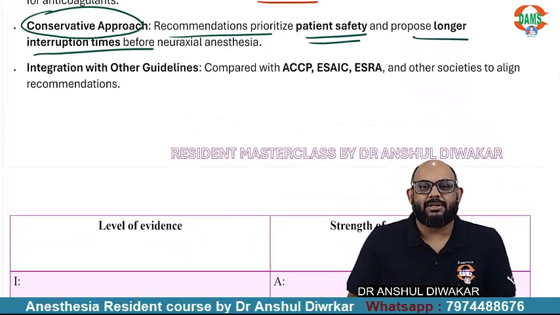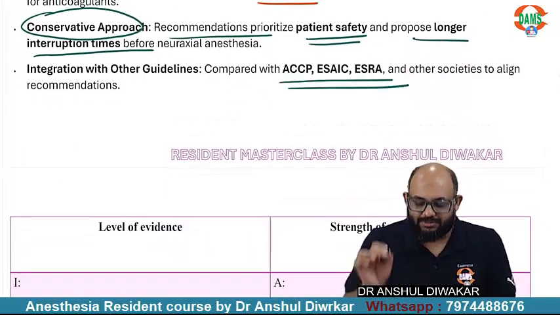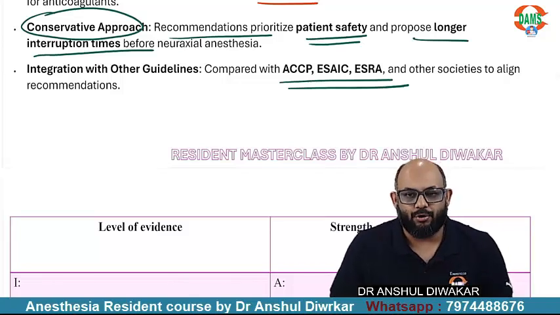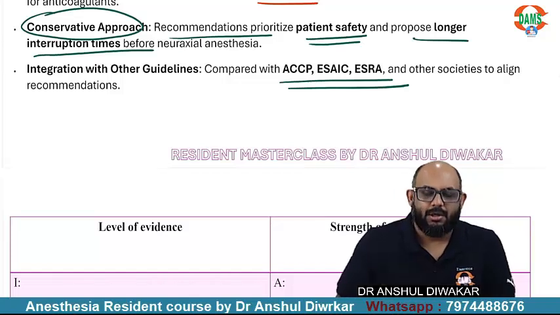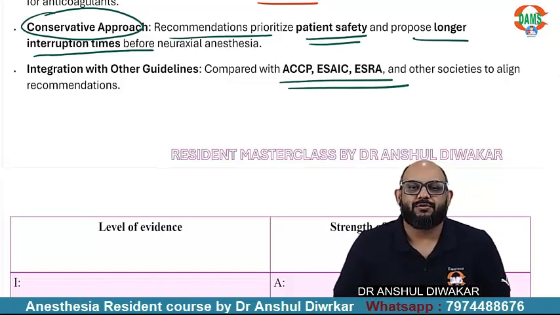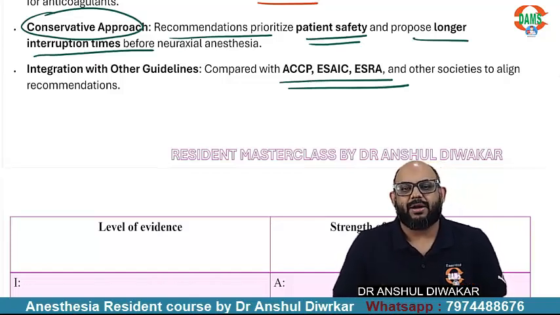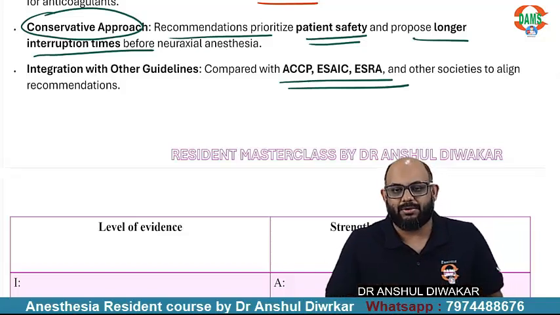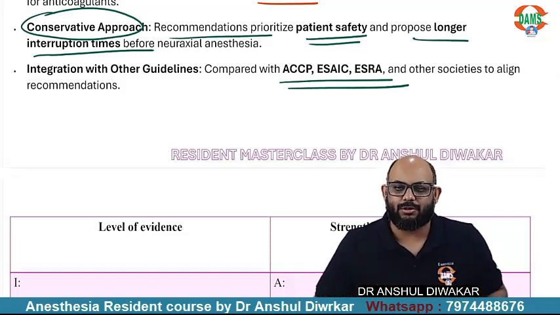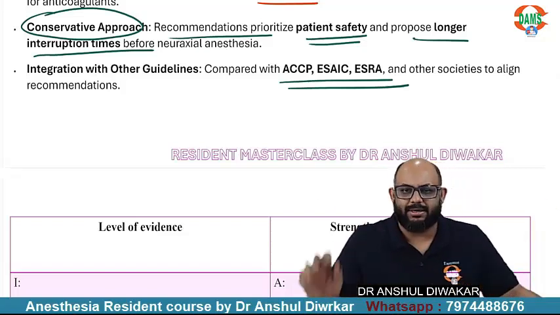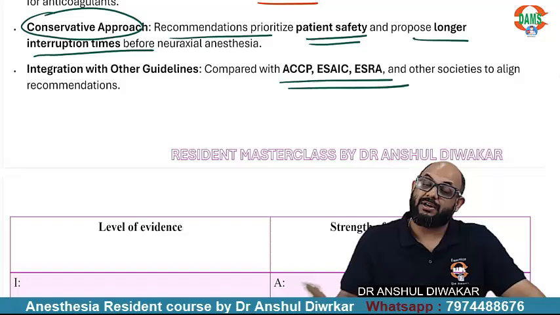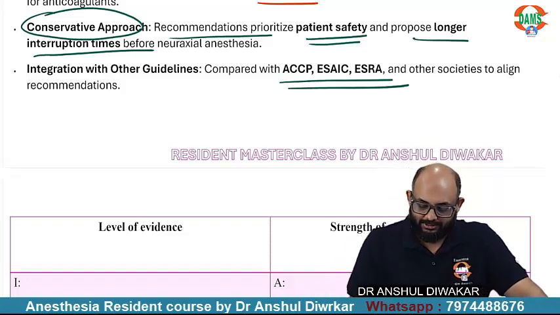And this time they have integrated their guidelines with ACCP, the European Society of Regional Anaesthesia, and the European Society of Cardiology, and they have tried to align the recommendations with them, because they also felt the need that there are too many societies talking about too many things. So let's try and regularize it, right? This is what is different in the 5th edition as compared to the 4th edition.